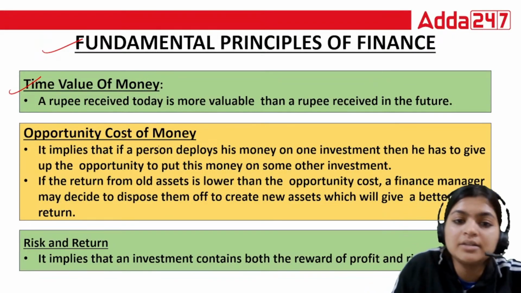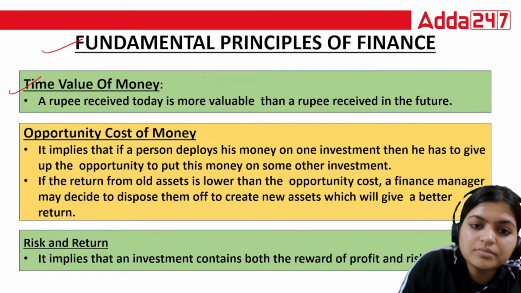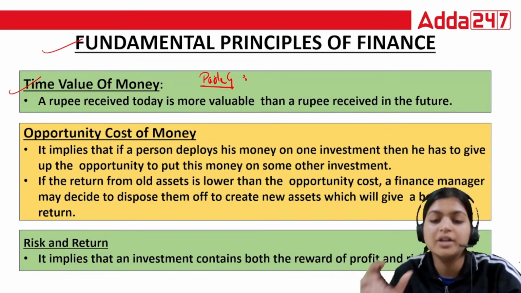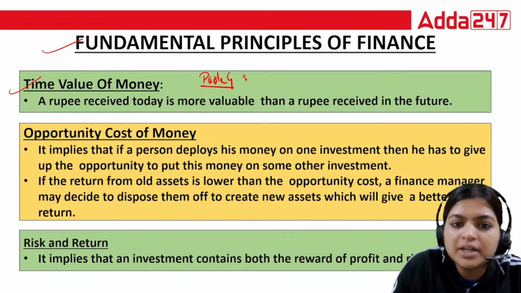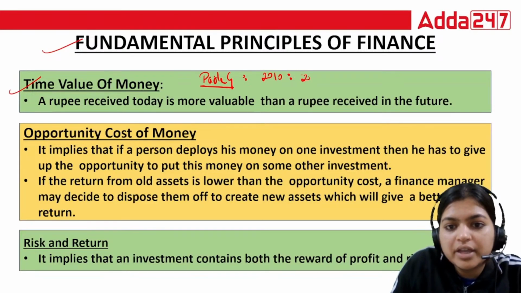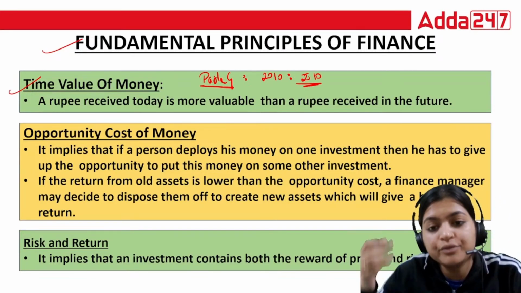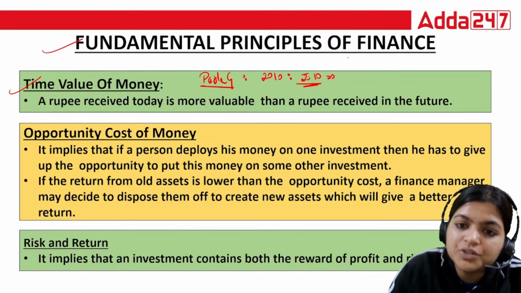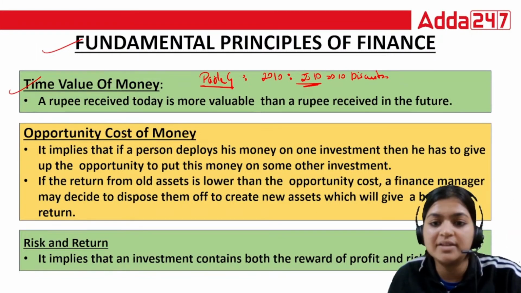Like if we talk about Parle-G, one of your biscuits. Earlier, in 2010, if you paid rupees 10, you could have purchased 10 biscuits of Parle-G.